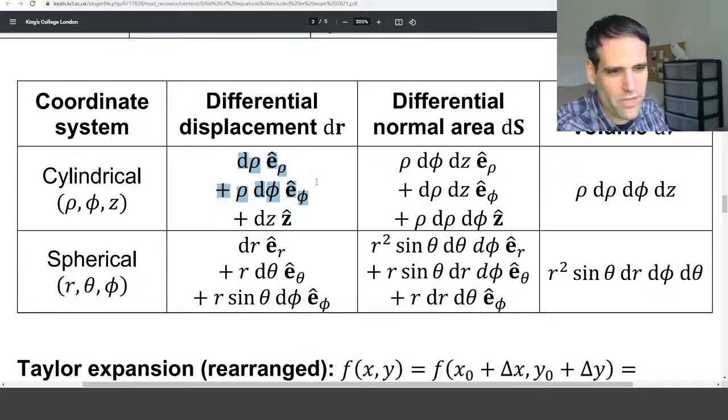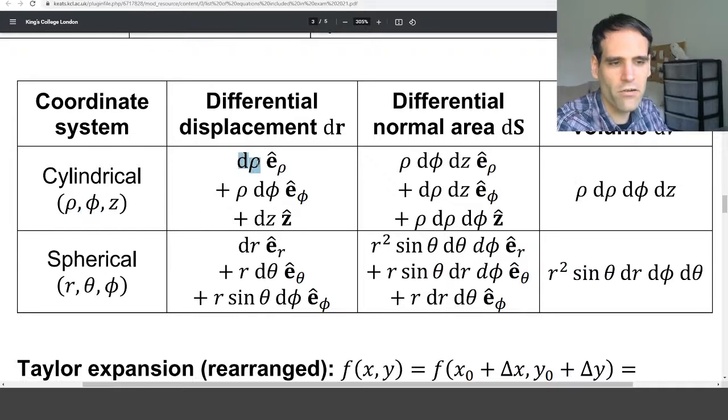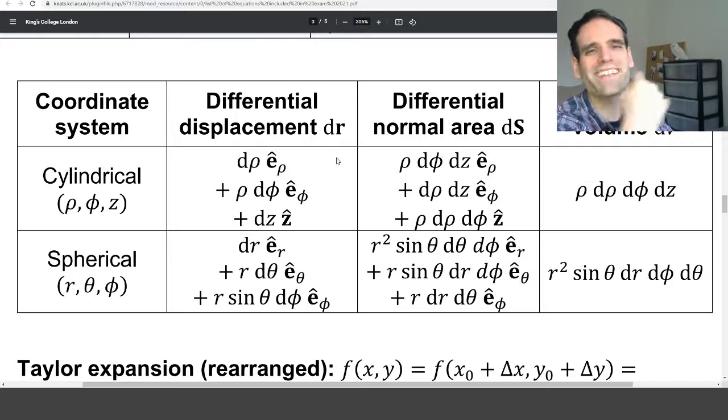So now my question would be, what is our parameter? Is it rho or is it phi? Our parameter is phi. We are changing the angle, okay? So d rho is 0. We are not changing the radius. So d rho goes to 0, so this goes to 0. So we are only left with this term, which is rho times d phi times some unit vector, because this is giving us the vector dr, which we will use later.